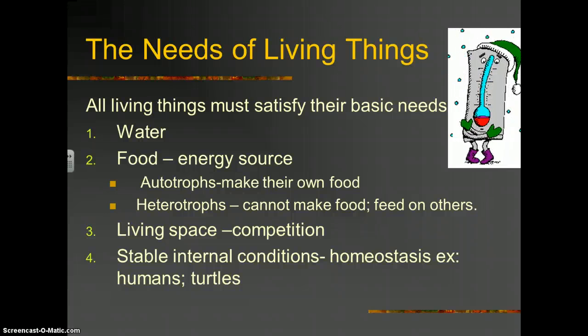So they can regulate their heat by laying out in the sun if they need to be warmer, and whenever they're too hot, they can go in the shade or in the water. As endotherms, we regulate our homeostasis. Let's say we've been running, we're hot, we sweat. When we are cold, we shiver, and that's our body's way of trying to regulate our body temperature.